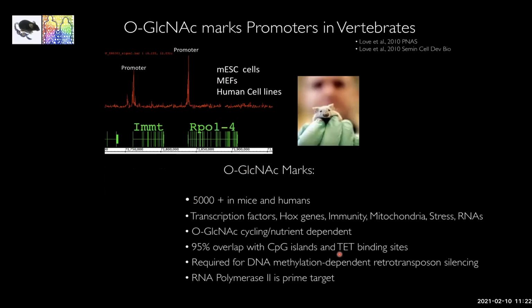There are about 5,000 of these sites in mice and humans. They affect many transcription factors, genes associated with immunity, mitochondrial function, stress. They're actually O-GlcNAc cycling and nutrient dependent. So the size of these promoter peaks changes with nutrients. We see about a 95% overlap with CpG islands and TET binding sites, critical for reading the DNA methylation footprint.